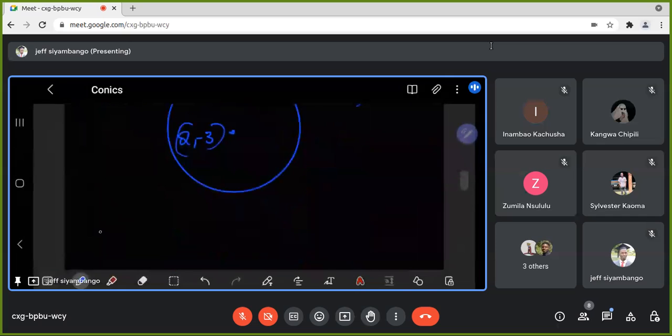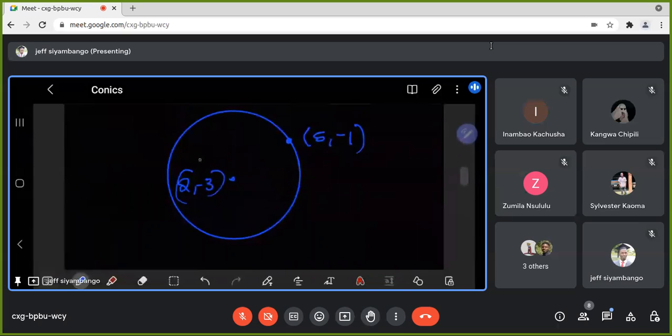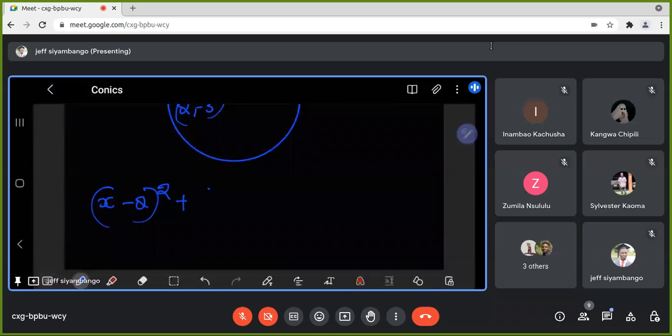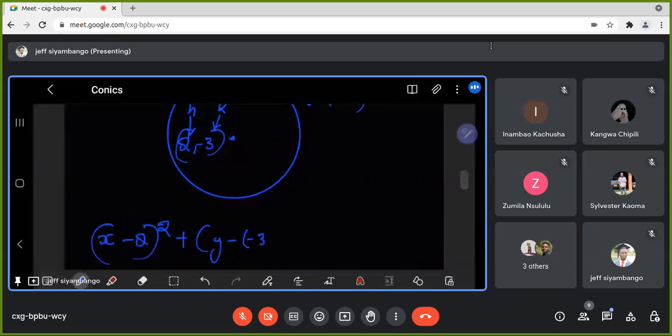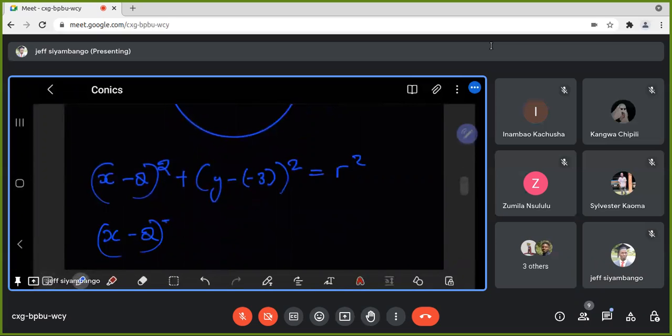It is x minus h, because since our center is here, our h is 2 and our k is -3. So this is going to be x minus 2 squared, then plus y minus our k, and our k is -3, squared, is equal to r squared. So this becomes x minus 2 plus y plus 3 squared.